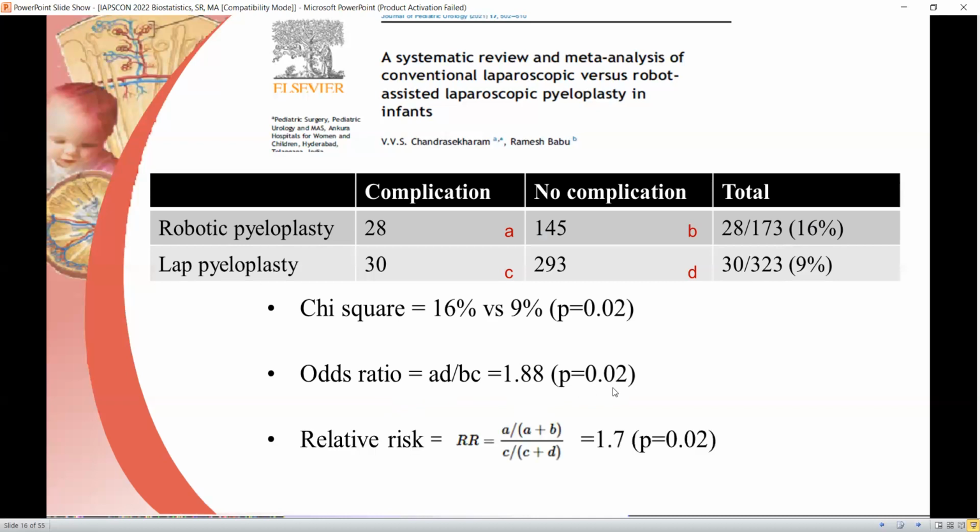You work out the relative risk, that is also the same, 1.7, which is pretty much close to 2, and the significance is exactly the same. So you first understand that if the values are the same, your significance level is not going to change. Your odds or relative risk is also not going to change. But in this case, I will probably use a relative risk because here you are talking about the risk of robotic surgery causing more complications.